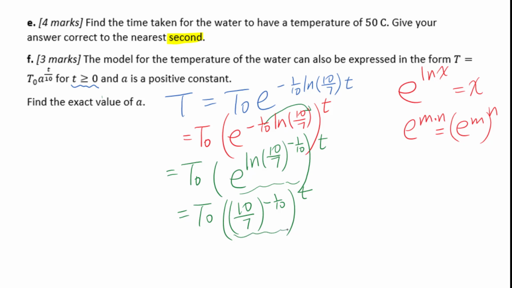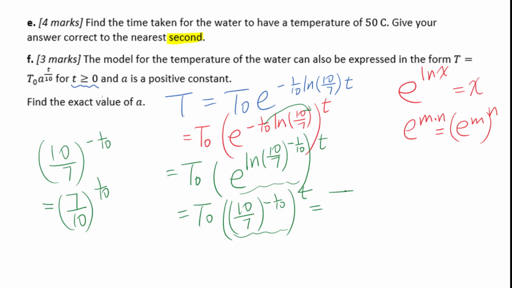For this inside, 10 over 7 to the negative 1 over 10th power: the negative sign means negative 1, so 10 over 7 to the negative 1 means 7 over 10 to the 1 over 10th power.